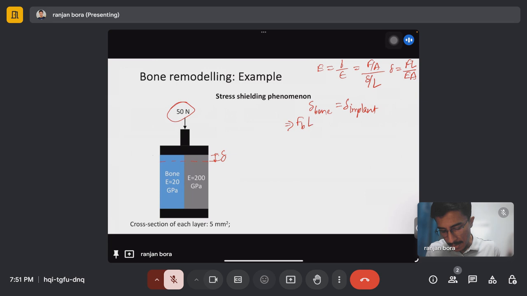This L is the same for both bone and implant, and the area of cross section is also the same, 5 mm square. Equal to delta implant, which will be FI, implant is I, L by EIA.